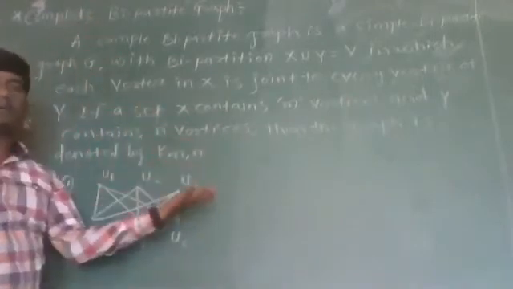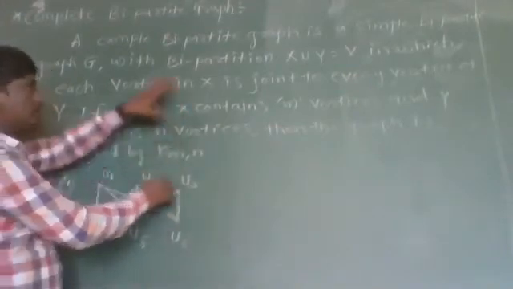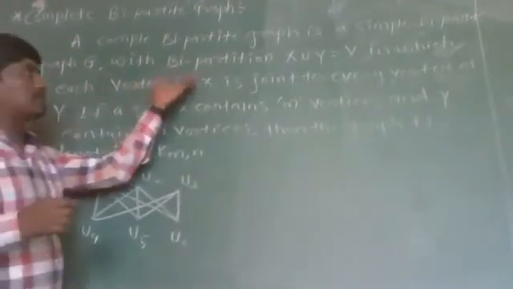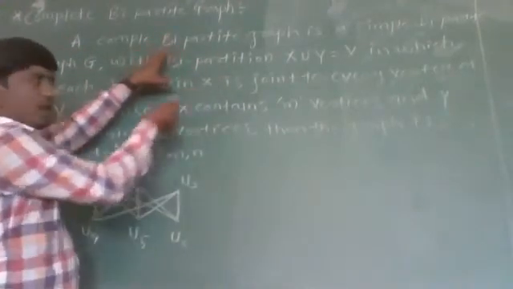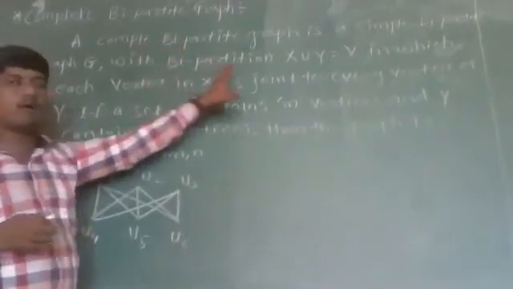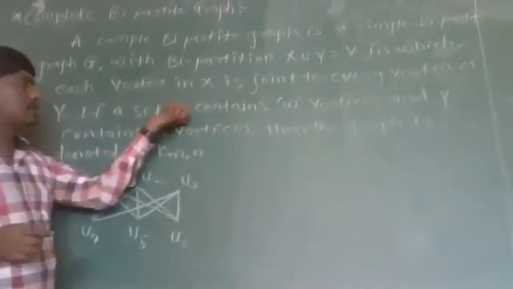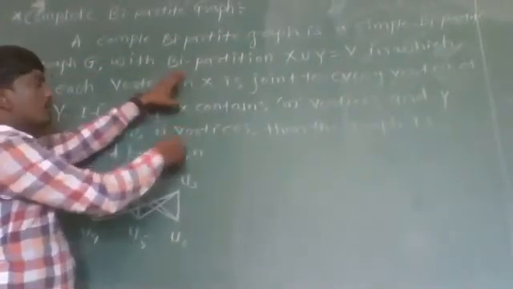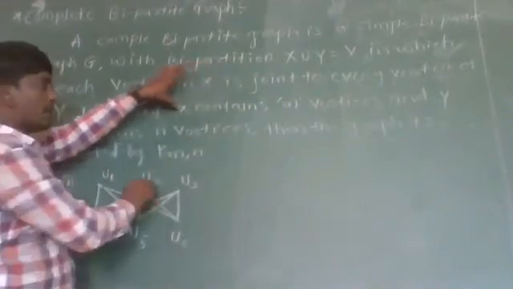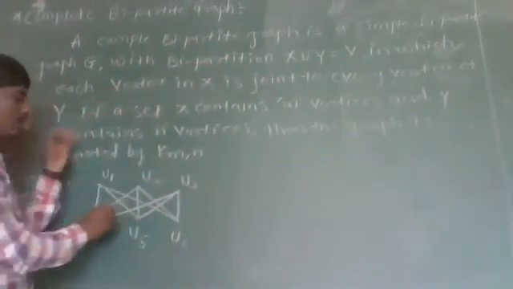By the definition of complete bipartite graph, a graph is said to be complete bipartite graph if it is a simple bipartite graph in which the vertex set can be divided into two subsets X and Y, such that X union Y equal to V and X intersection Y will be equal to phi. So, if every vertex in X is joined to every vertex in Y, then such a graph is called a complete bipartite graph.